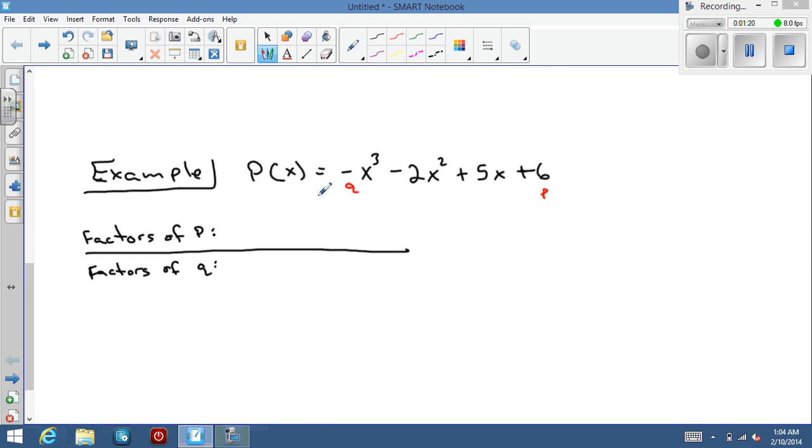All right, so we have p of x equals negative x cubed minus 2x squared plus 5x plus 6. And we want to start out by doing the factors of p, which is 6. So positive and negative 1, positive and negative 2, positive and negative 3, and positive and negative 6. And then the factors of q, even though it's negative 1, it's still just going to give us positive and negative 1.